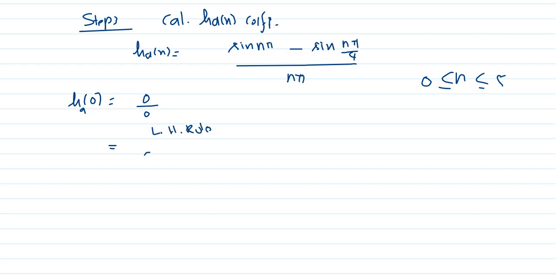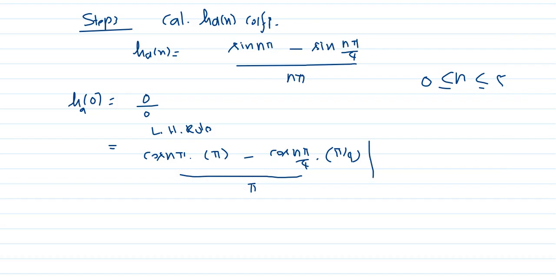So we'll get cos n pi into pi minus cos n pi by 4 into pi by 4 whole divided by pi. Okay, substitute n equal to 0 now. So we'll get pi minus pi by 4 by pi. So it comes to 0.75.